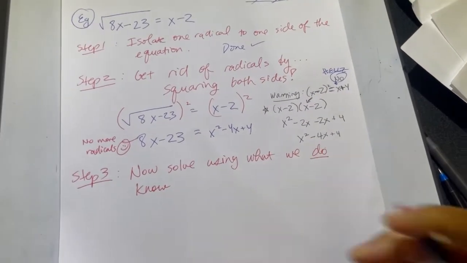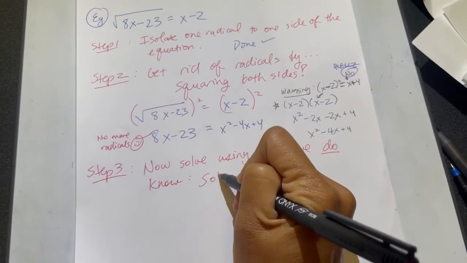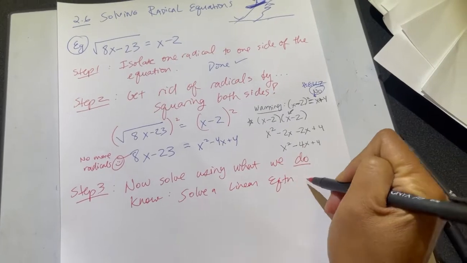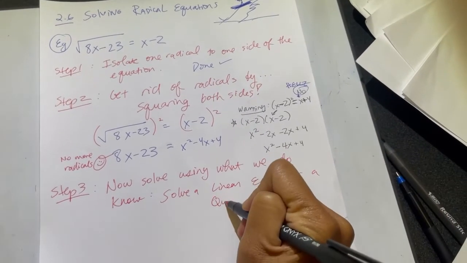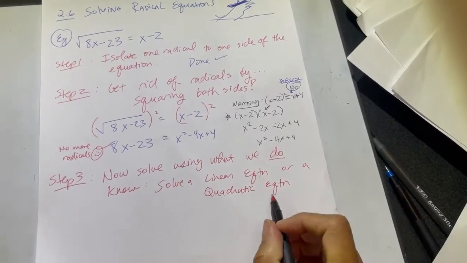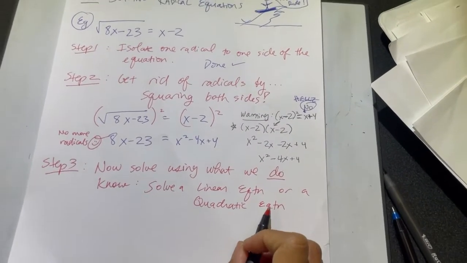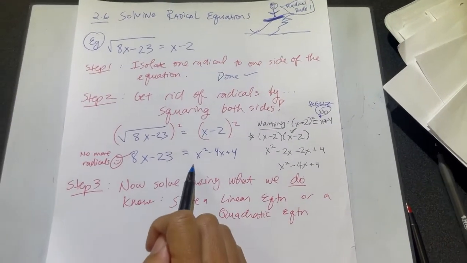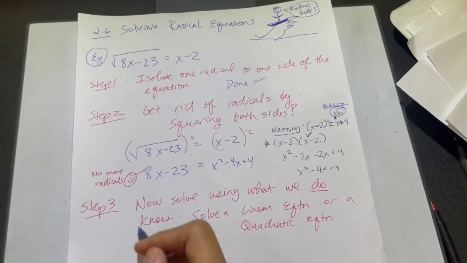Either solve a linear equation if it's a line, or a quadratic equation if it's an equation with a power of 2. So is this a quadratic or is this a linear? Right, this is a quadratic.